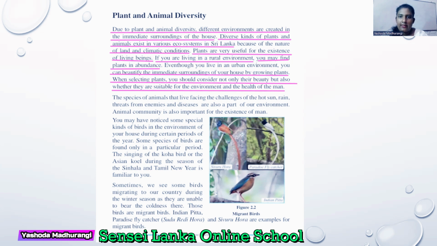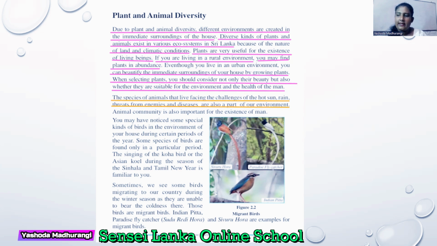I will select another color. The species of animals that live facing the challenges of the hot sun, rain, threats from enemies, and diseases are also a part of our environment.